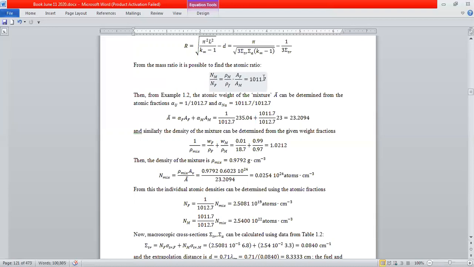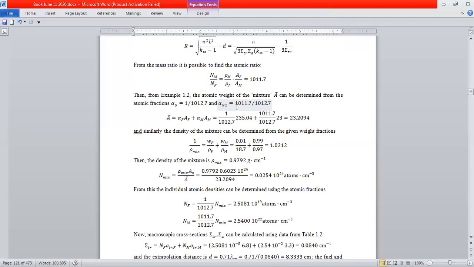So the ratio of number density comes out to be 1 to 1,000. So I'm going to tell you to mix 1 atom of U235 with about 1,000 atoms of sodium. So 1 spoon of this and 1,000 spoons of that. It's just like in a kitchen, you're cooking, you put some sugar and so on.